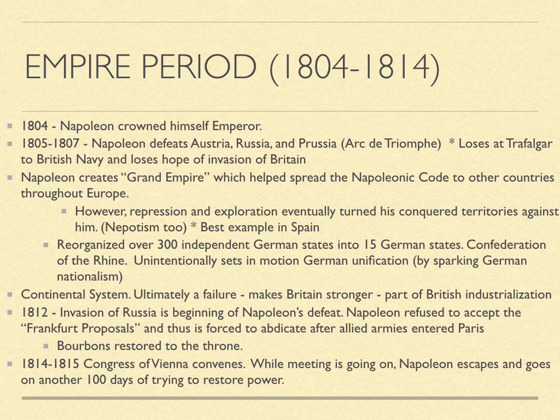He also puts the Continental System in, which tried to prohibit all of the continental countries from trading with Britain. This is ultimately a failure. It makes Britain stronger, helps Britain industrialize quicker as they become more self-reliant and develop stronger relationships with their colonies. And then ultimately it just angers European countries.